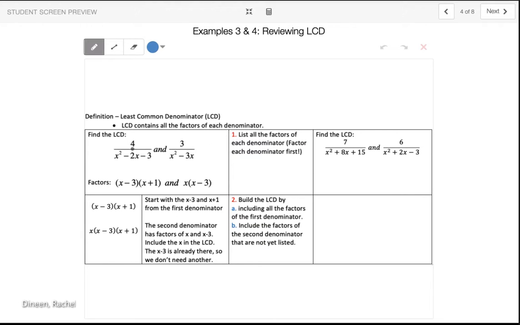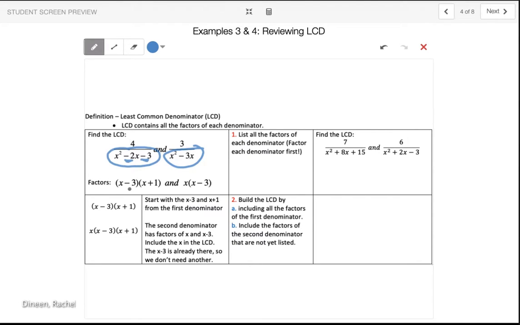Okay, so when we're asked to find the LCD, I look at my denominators. I'm going to list the factors of each denominator, so I need to factor. Looking at my first expression, x squared minus 2x minus 3, since the leading coefficient is 1, I can find two numbers that multiply to give me negative 3 and add to give me negative 2.